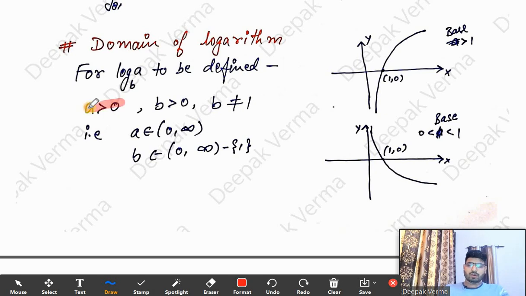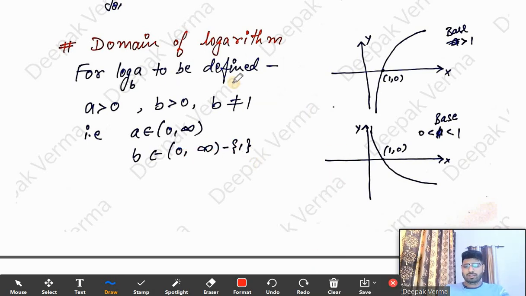We are saying positive, and 0 is not positive, not negative. 0 is called a non-negative number or non-positive number. Got it? And b positive and not equal to 1 means 0 to infinity and not equal to 1. So we can exclude 1 from 0 to infinity. So we can write it like this, minus the set having only one element, 1.